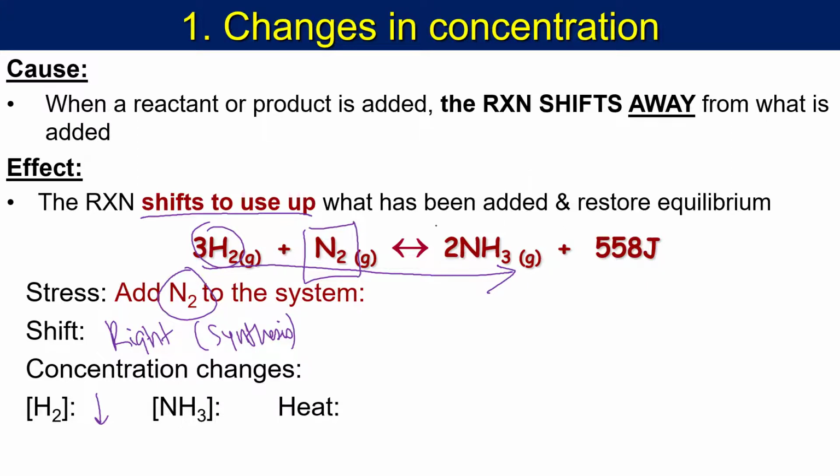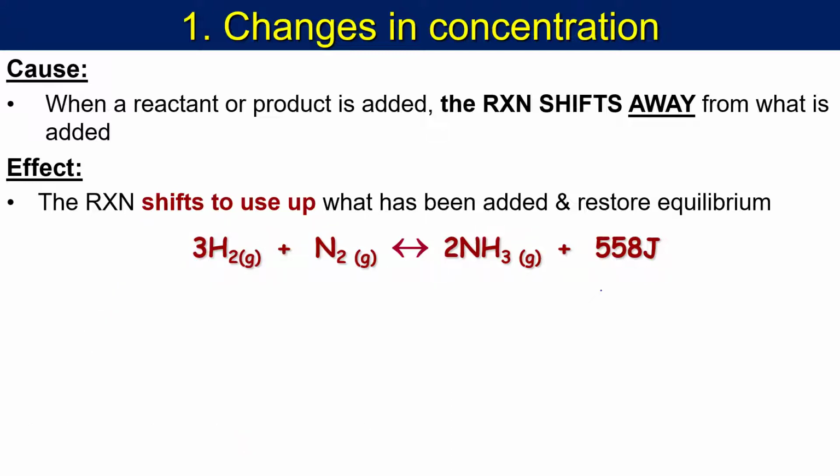We are shifting to the right and making NH3, so as a response to the shift in equilibrium to the right, we now have an increase in our concentration of NH3. Remember, brackets mean concentration. You can also see here that every time you make 2 NH3, you get 558 or so joules of heat. So not only would my NH3 go up in terms of concentration, but my heat would as well. That is all happening because we are proceeding to the right in this reaction. Let's try another one of these.